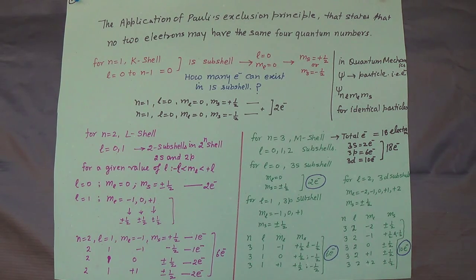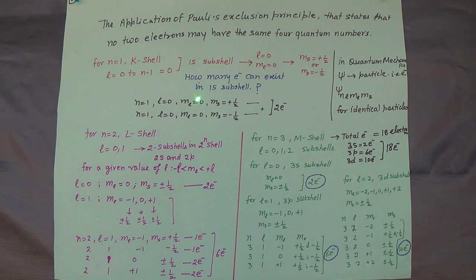For each magnetic quantum number, there are two possibilities of the spin quantum number. One is spin up and second is spin down. For spin up you write plus, for spin down you write minus. So +1/2 and -1/2 for this, and similarly for 0 and for +1.